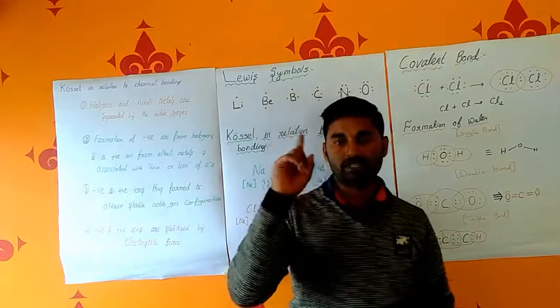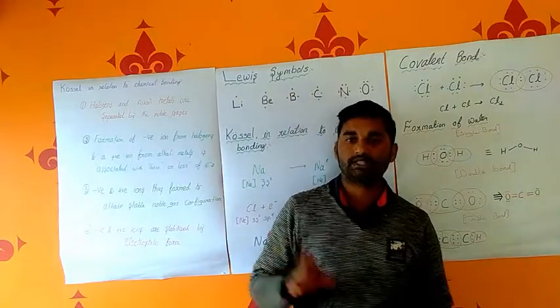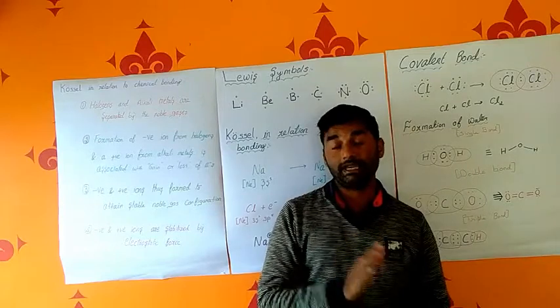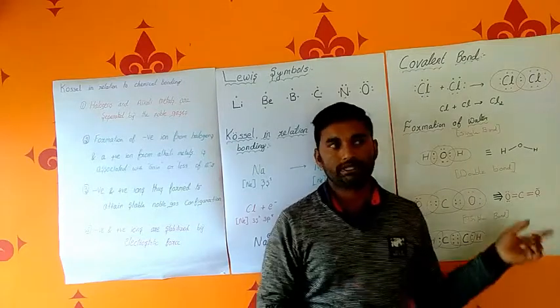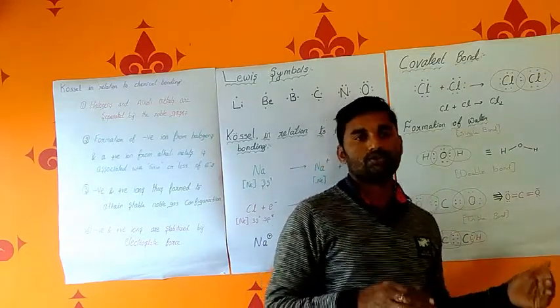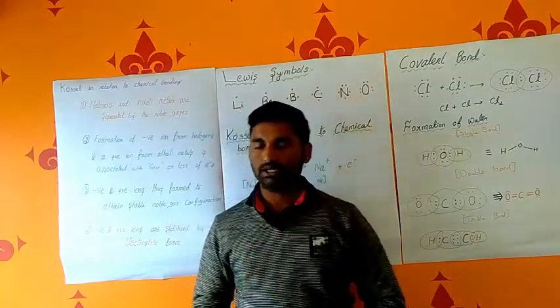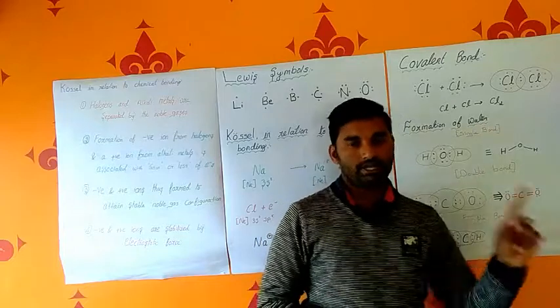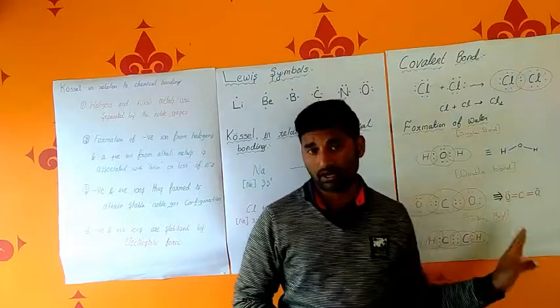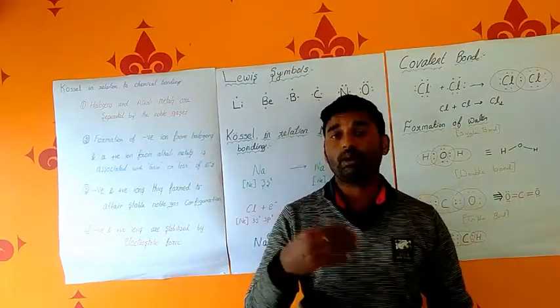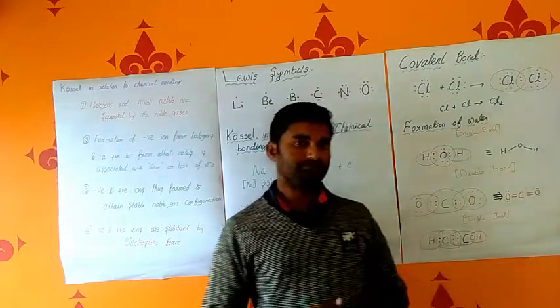The atomic number of hydrogen is 1, as well as oxygen is 8, as well as another hydrogen 1. So the first orbital is the valence orbital of hydrogen, and the only one electron which is there in hydrogen is called the valence electron of hydrogen.